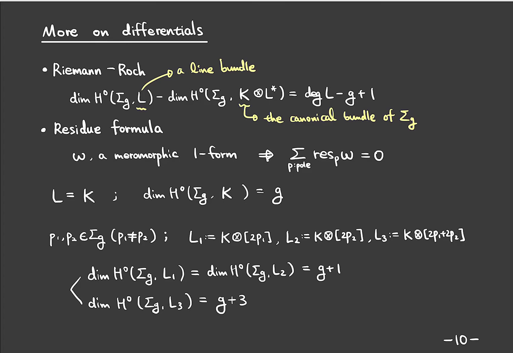And next is the residue formula. So if L was the canonical line bundle K, then the above formula implies that the dimension of this space is equal to G. Here, this space is the space of holomorphic one forms.